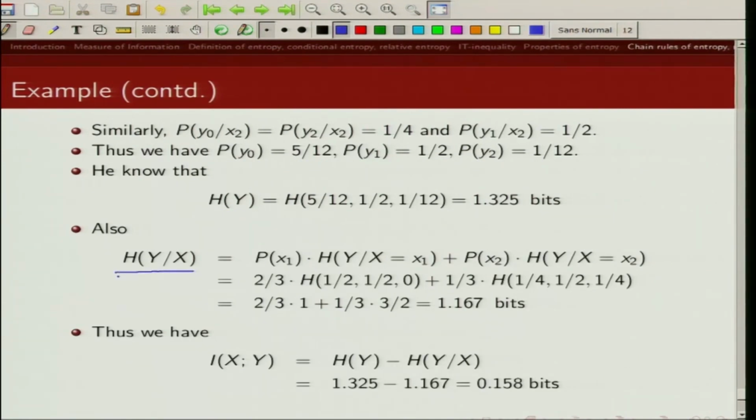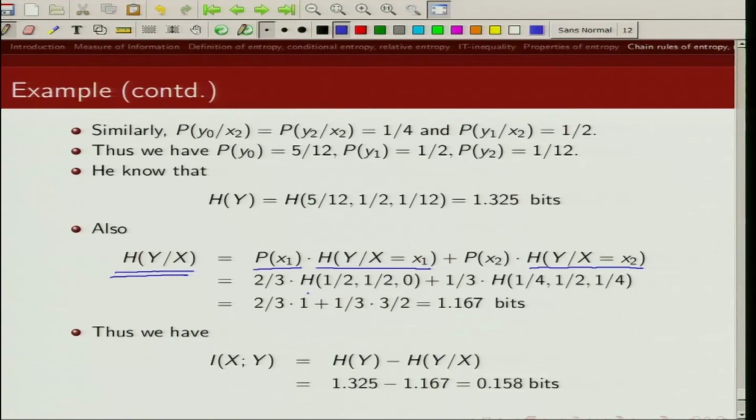Similarly, we can compute the conditional entropy of y given x. This is given as the conditional entropy of y given x1 into the probability of x1, plus the conditional entropy of y given x2 multiplied by the probability of x2. In a similar fashion, we can find the entropy of y given x1.